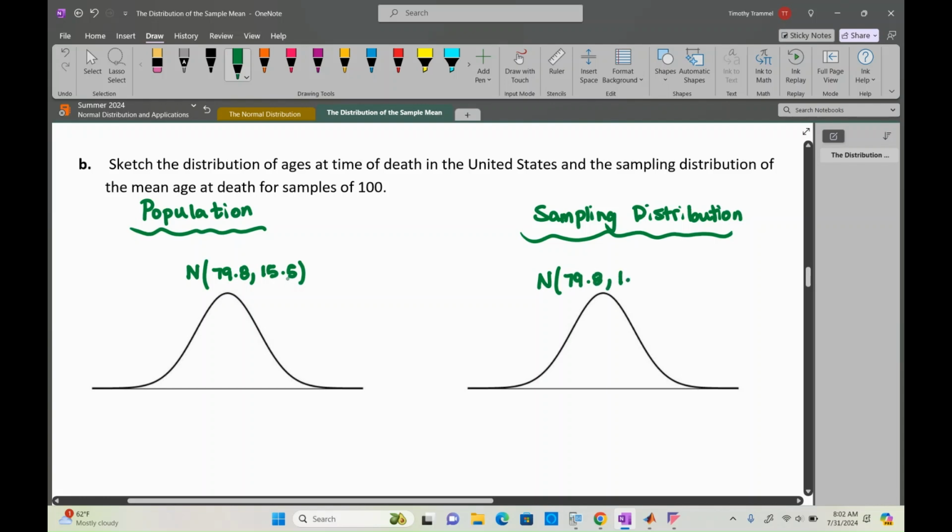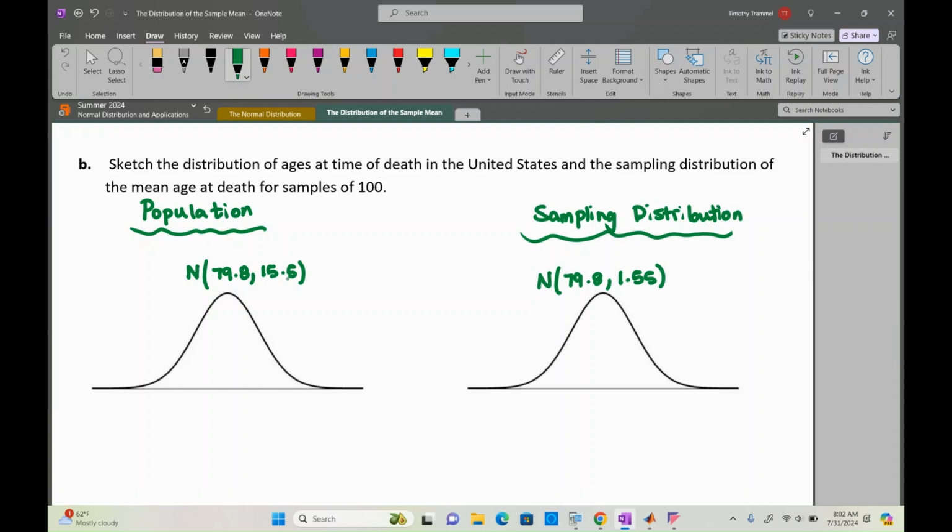But then I have 1.55 here for the standard deviation. Okay. So yeah, this is how I'll sketch them in class or in the videos as we're working through these types of questions. But in reality, these two things actually look different. Okay. They're both going to be centered at 79.8, but one of them has a much smaller standard deviation and is therefore going to be much more compact.